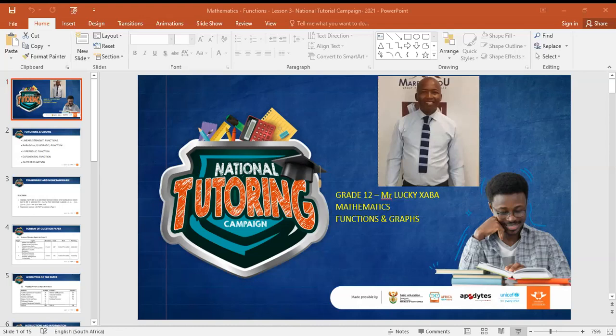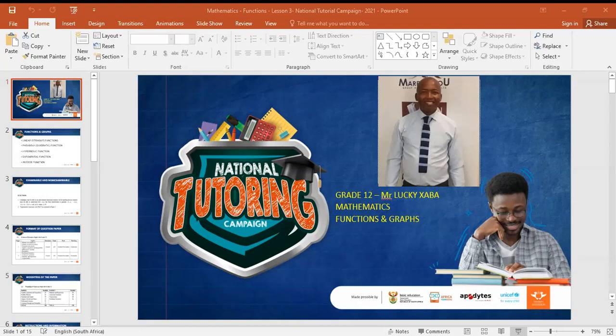Remember, under your quadrilaterals, there is a trapezium, which has parallel lines that are not necessarily equal. Those two parallel lines tell me that this is a trapezium.